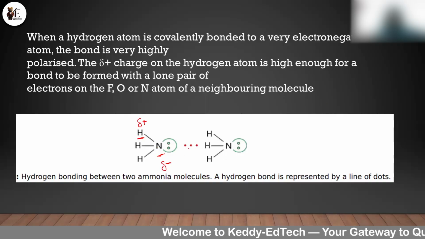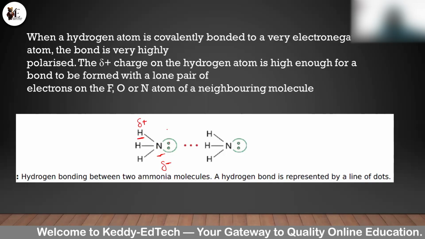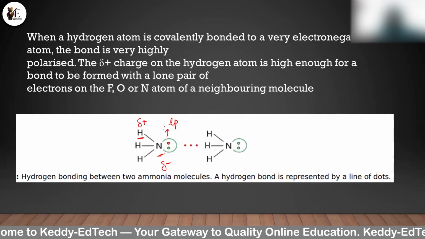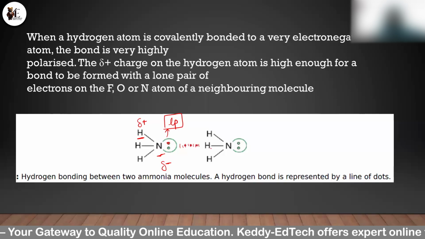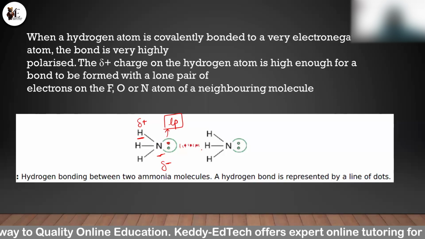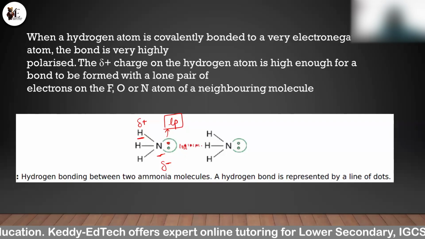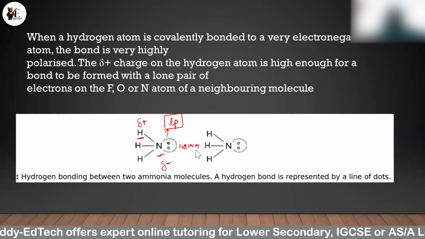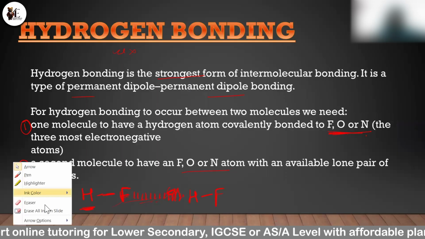When we have a neighboring NH3 molecule, this nitrogen, which has a lone pair of electrons, a necessary condition, can form a bond with this hydrogen atom. This is the hydrogen bonding between two ammonia molecules, and we represent the hydrogen bonding by dots. So two conditions are satisfied in this example. So write down.